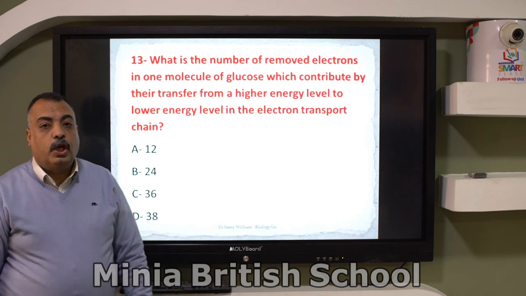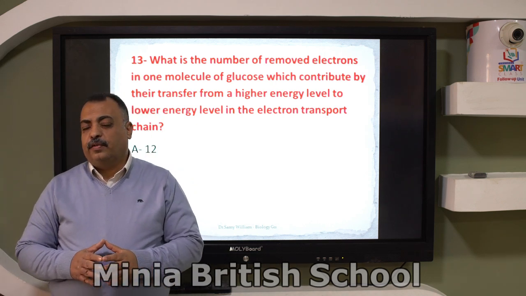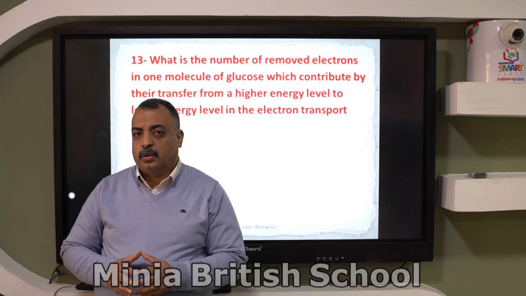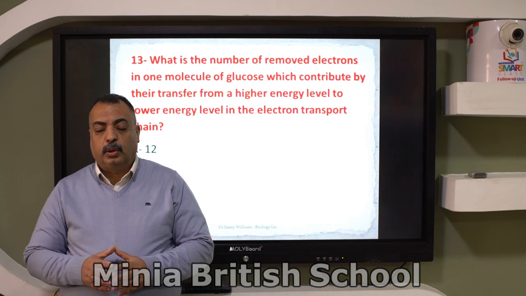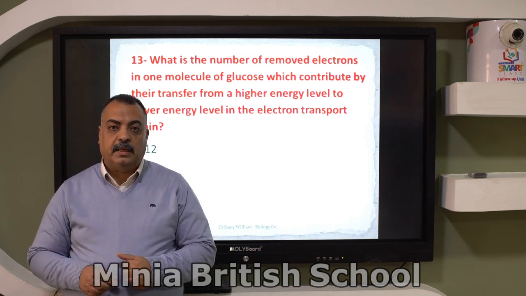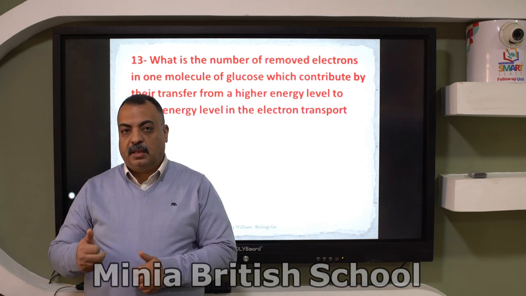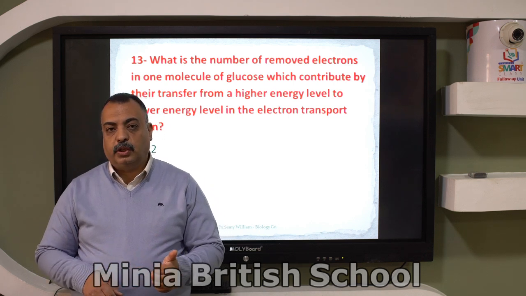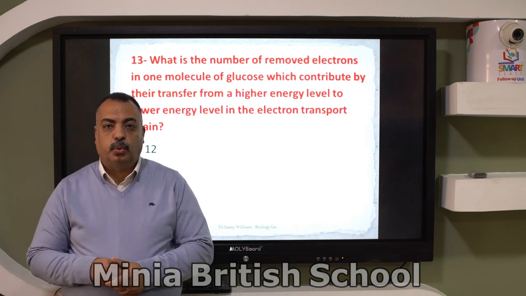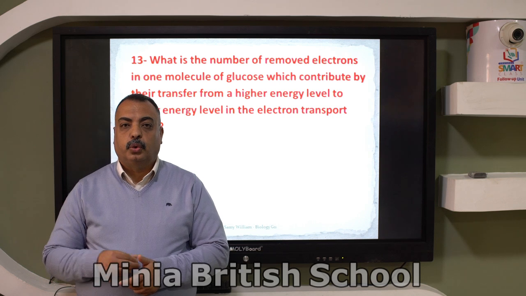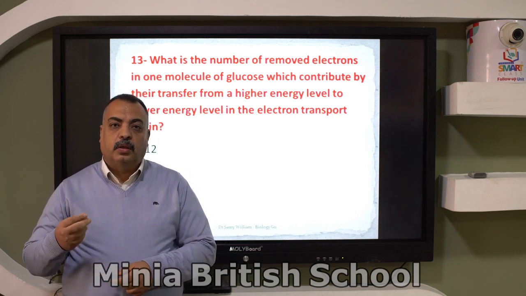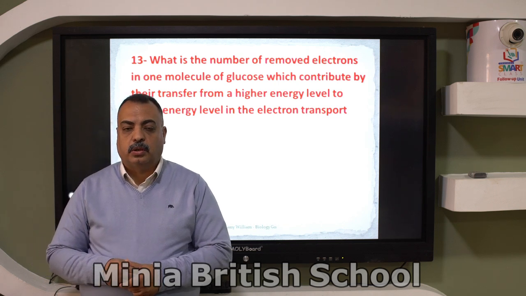We have to calculate the number of NADH and FADH2 firstly before we begin to answer this question. Each glucose molecule will give us 10 NADH and 2 FADH2. Each NADH and FADH2 will lose 2 electrons to form water with hydrogen and oxygen.